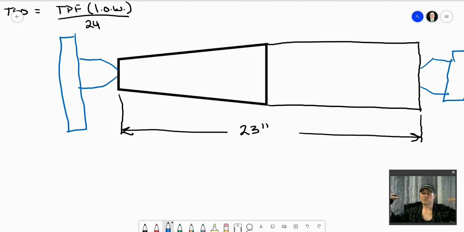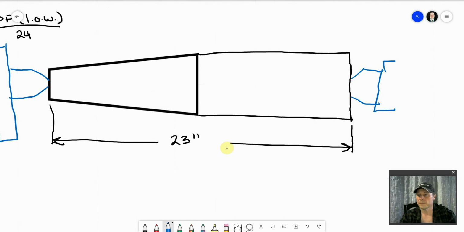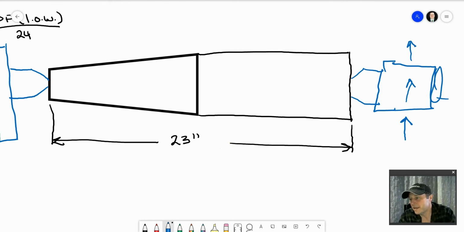So your part is sitting between centers. So as I take my tailstock here, this is my tailstock hand wheel, okay? As I push the tailstock away from me, it will only move so much. It might only move an inch, okay, at maximum travel.